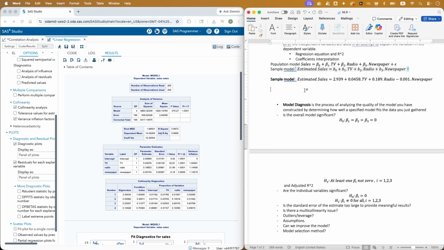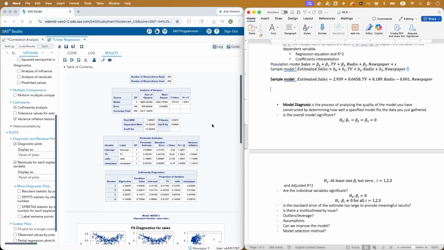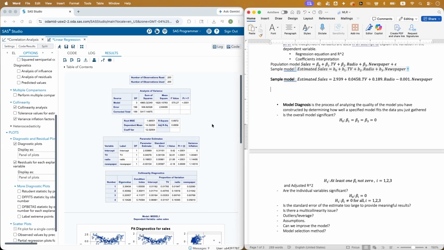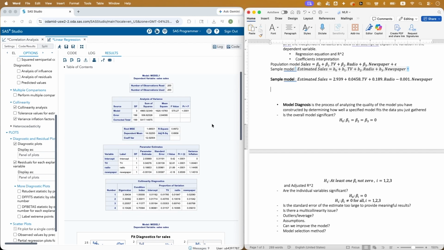Then we are going to look at the R squared before we do any diagnostics. So the R squared is equal to 0.8989, 90%. So let me write this down. R squared is approximately 90%.